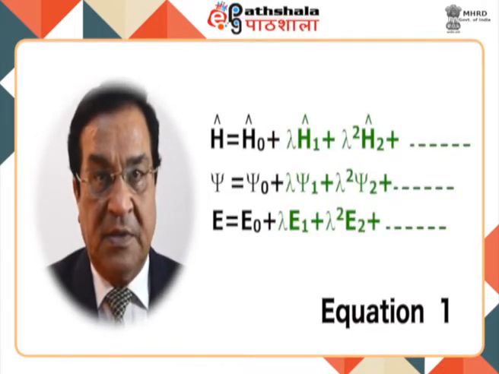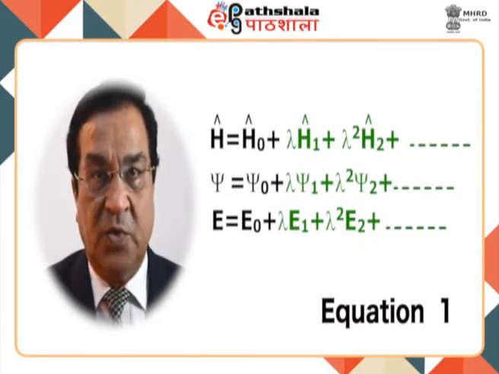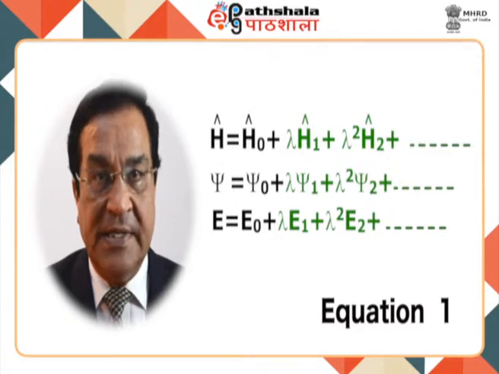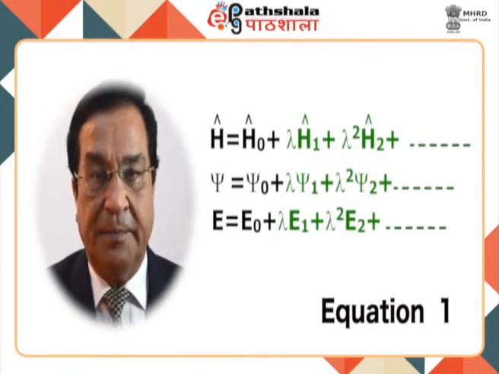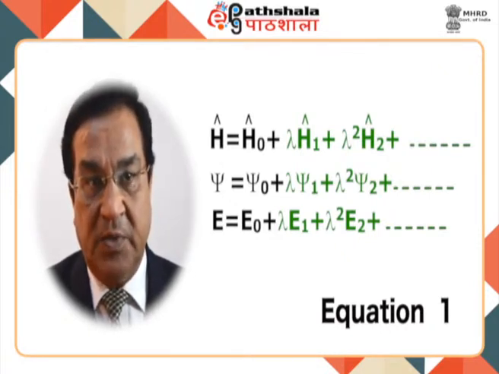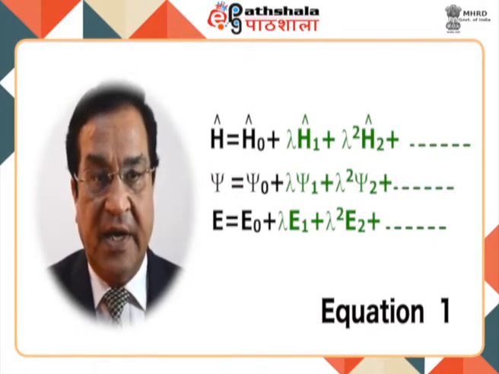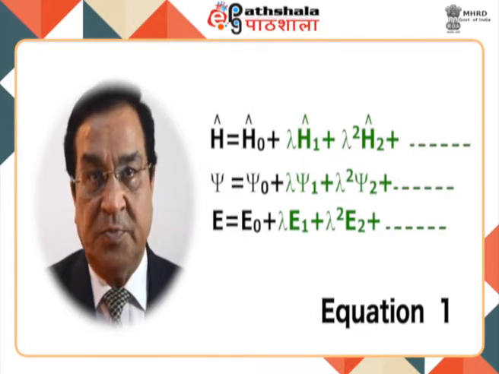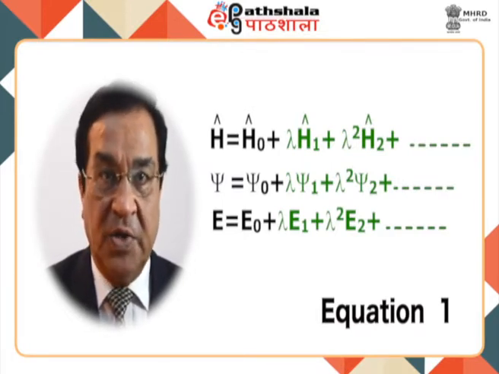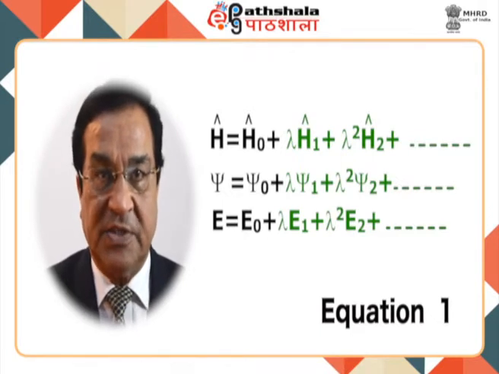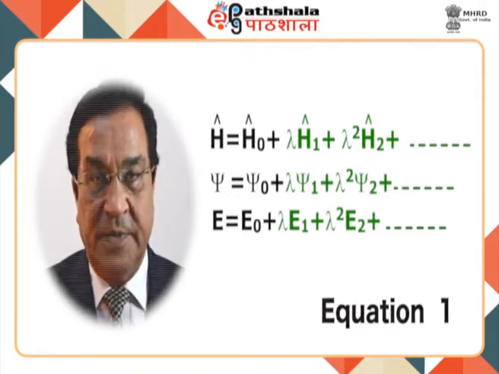Please remember that the basic assumption of perturbation theories is that the perturbed Hamiltonian is only slightly different compared to the unperturbed Hamiltonian, and the eigenstates psi and eigenvalues E corresponding to the unperturbed Hamiltonian H0 cap are known. So these are the basic assumptions of the perturbation theory.